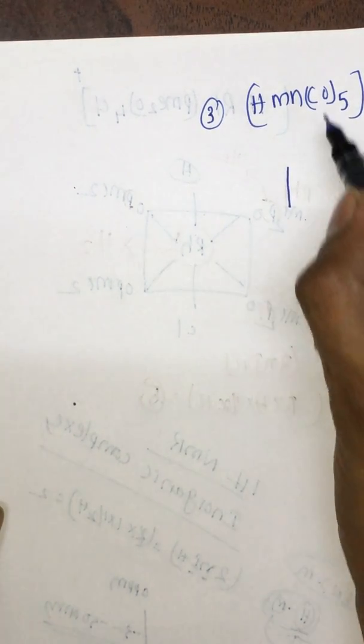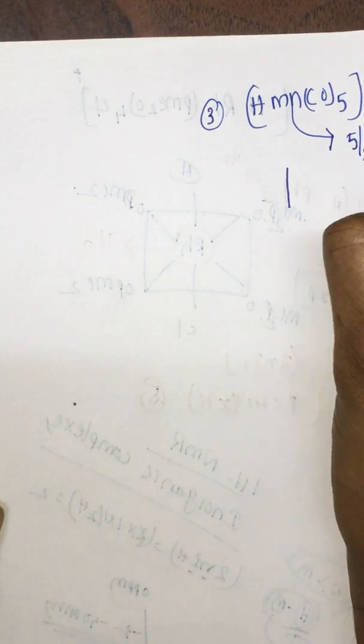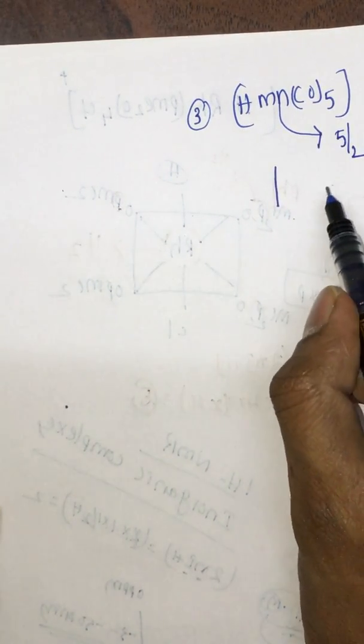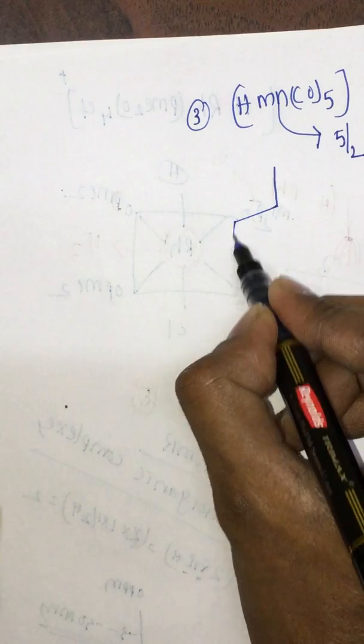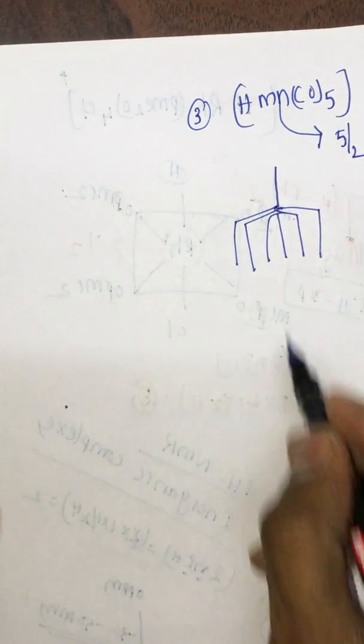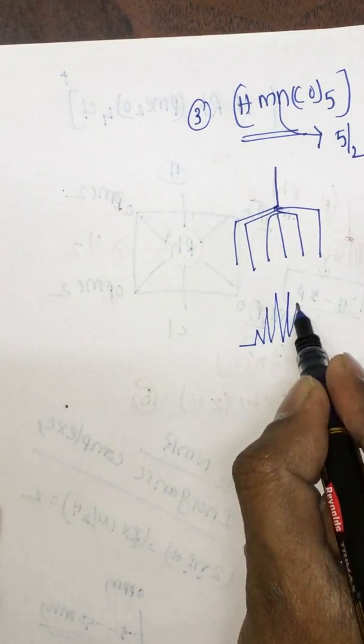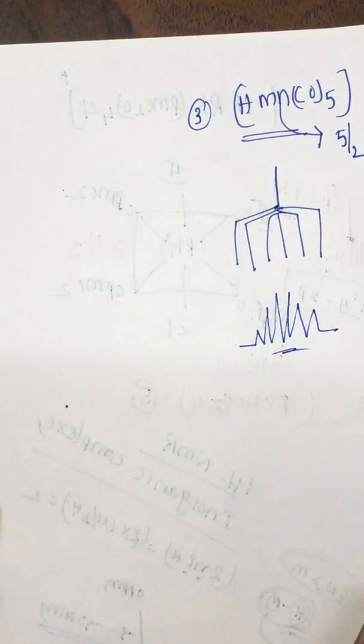Manganese is spin active. The spin of manganese is 5/2. If we use the 2nI+1 rule, we will get 6 lines. So the spectra of this compound includes a 6-line signal. This is about this complex.